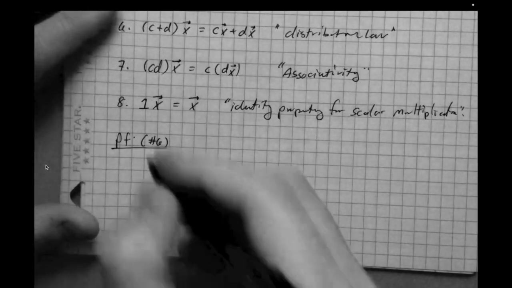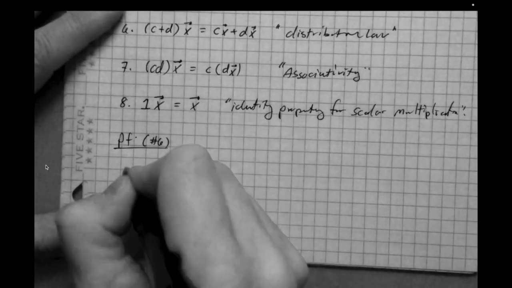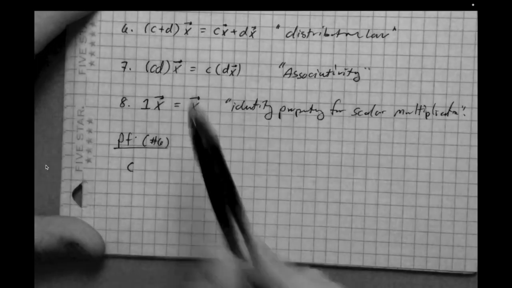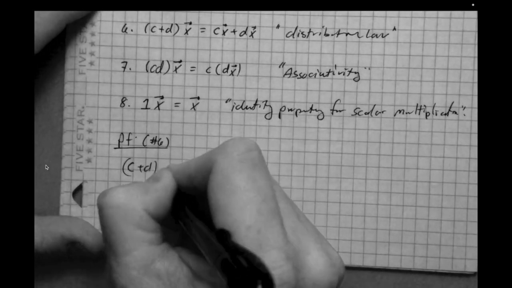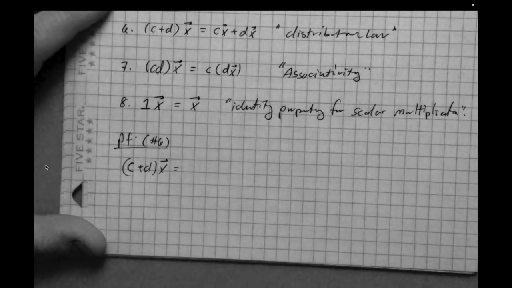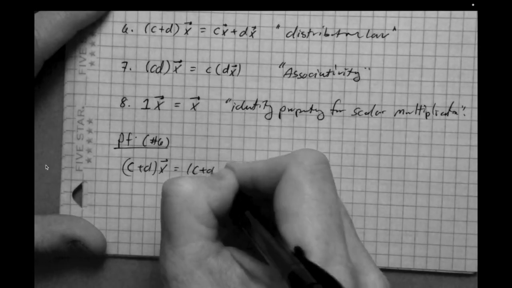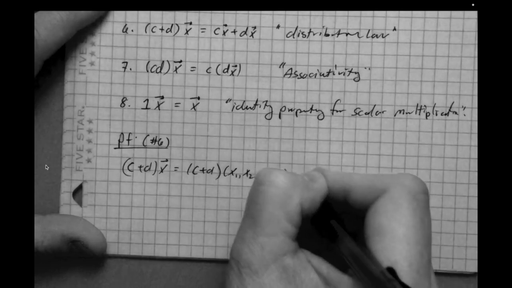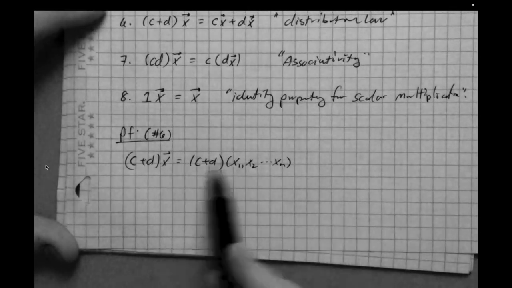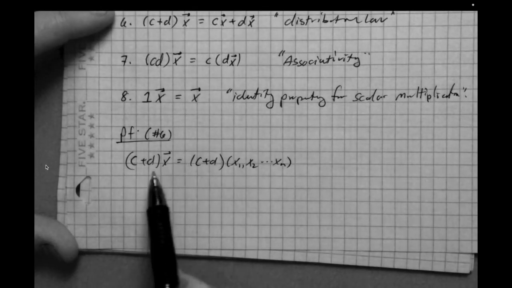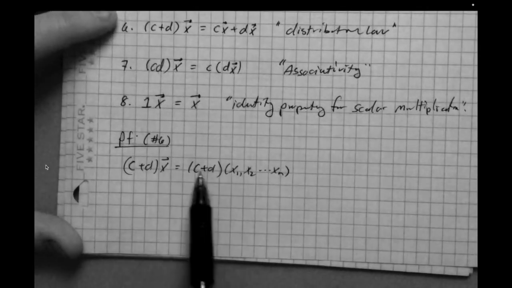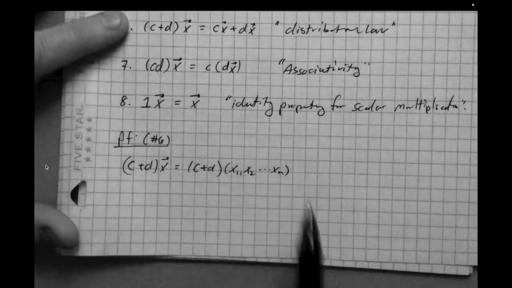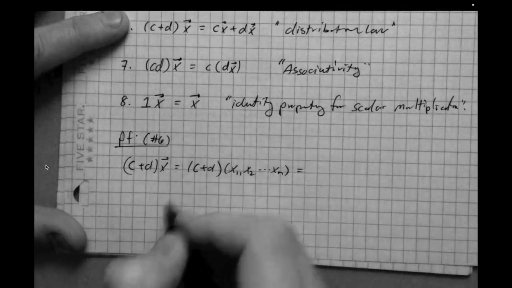So what we can do here is we can say, okay, we'll start with just c plus d times x. Well, what is that? That's c plus d times x1, x2, dot, dot, dot, xn, right? So c plus d, those are scalars, and this is a vector. And so first thing I can do is just distribute the scalar sum throughout the expression.